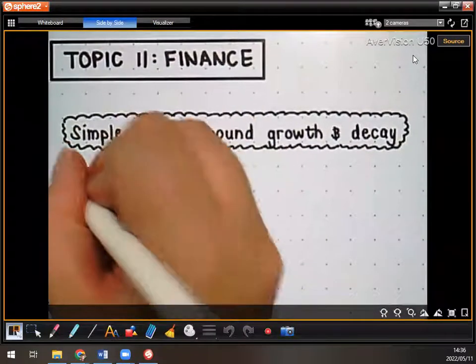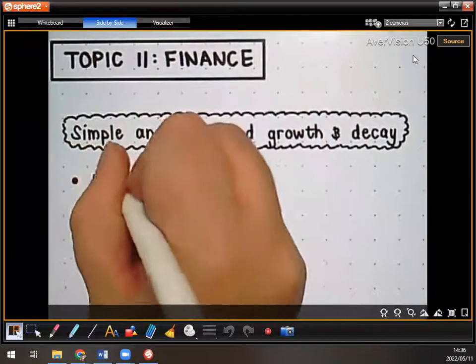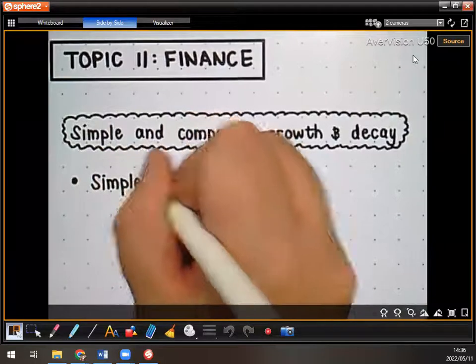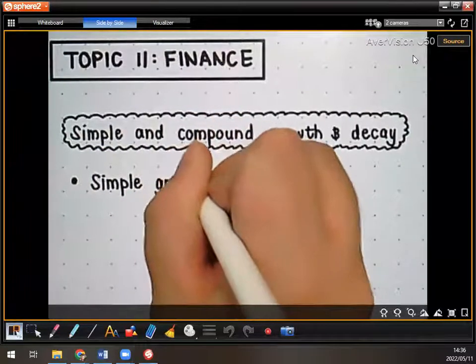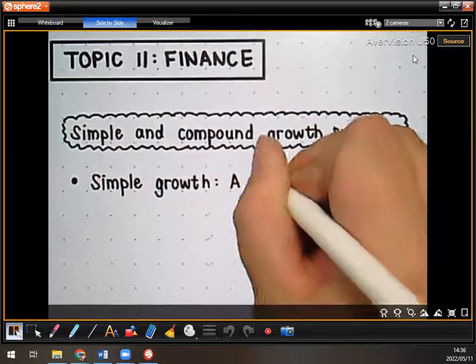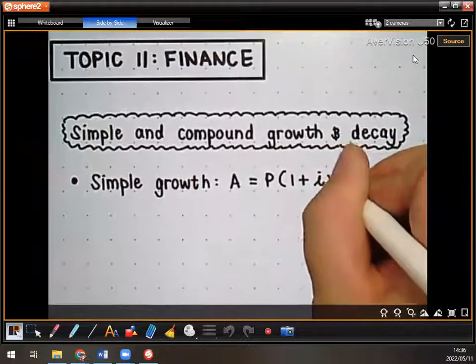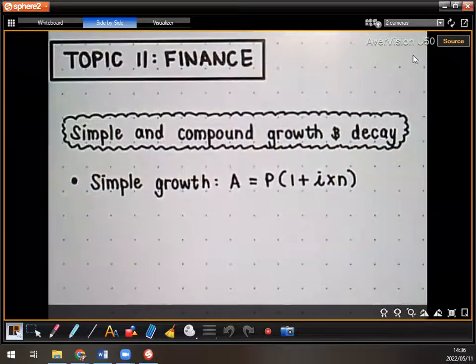Okay, so our formulas. When you have simple growth, the formula is A is equal to P bracket 1 plus I times N. I'm going to write down the 4 formulas and then write down what each of the letters represent because it's the same for all 4 formulas.